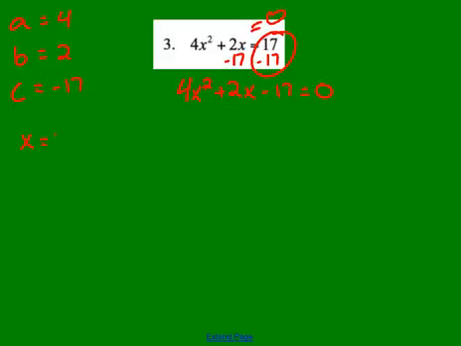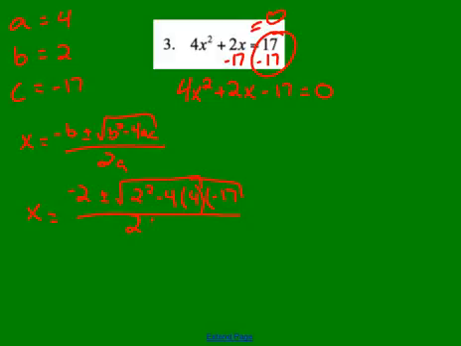Alright, x equals negative b plus or minus square root b squared minus 4ac divided by 2a. X equals negative b, negative 2 plus or minus. Alright, so I have 2 squared minus 4 times a is 4 times c is negative 17 divided by 2 times a is 4 again.